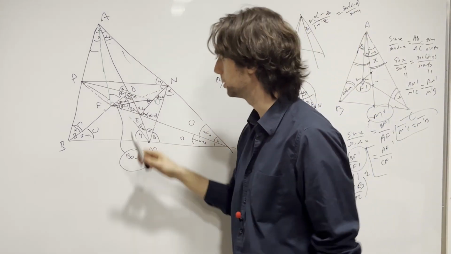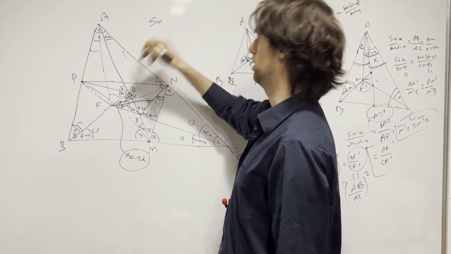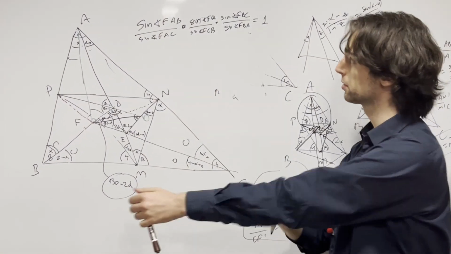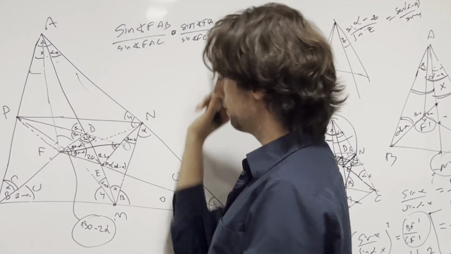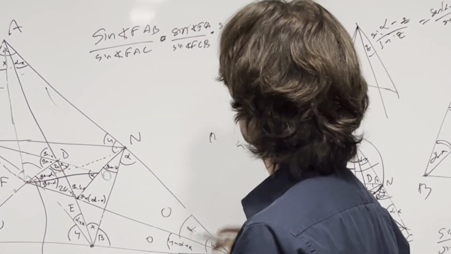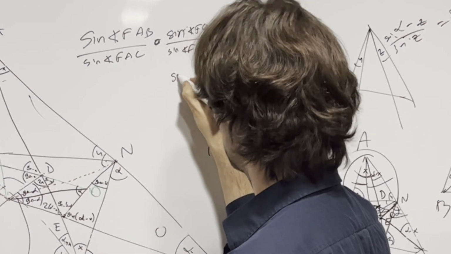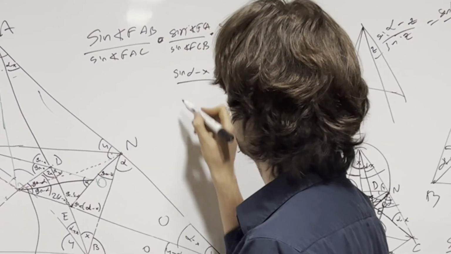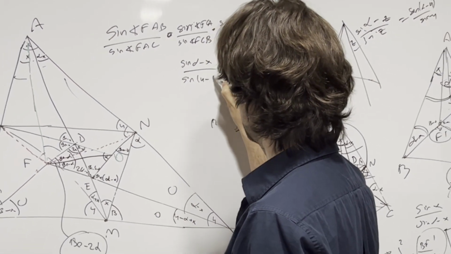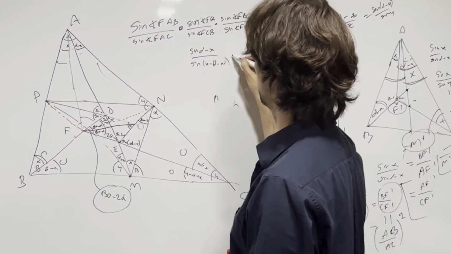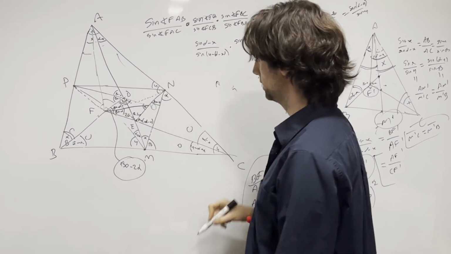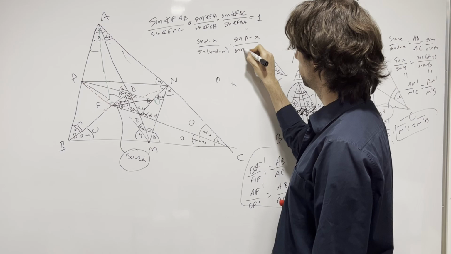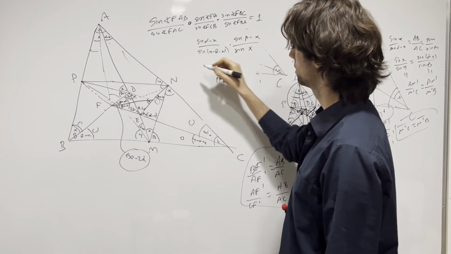What does trig Cheva give me? It gives me the sine equality, and I know now sine of FCA. So let's do sine of FCA is equal to the sine of alpha minus x over FCB, sine of gamma minus alpha minus x. Then we have sine of FBC, sine of beta minus x over sine of x.